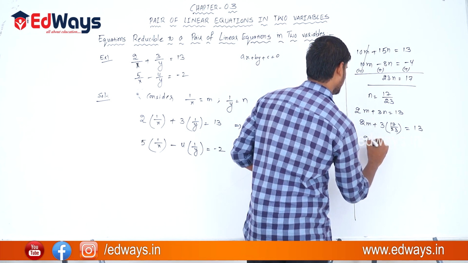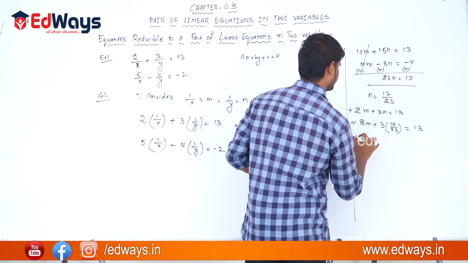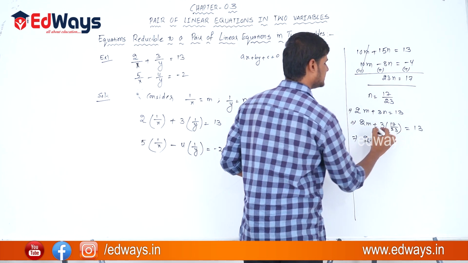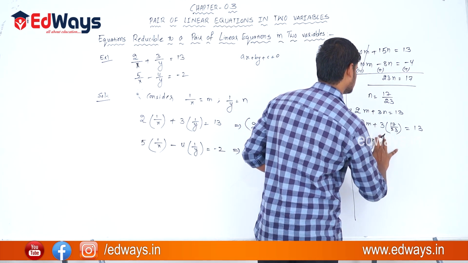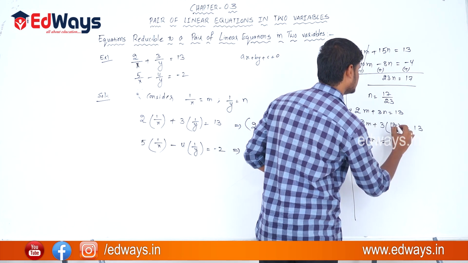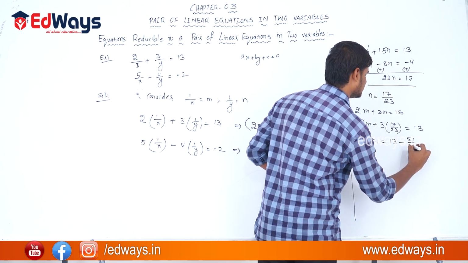So now 2m plus, this will be 17 into 3, 51 by 23. Let me send it to that side, 13 minus 51 by 23.